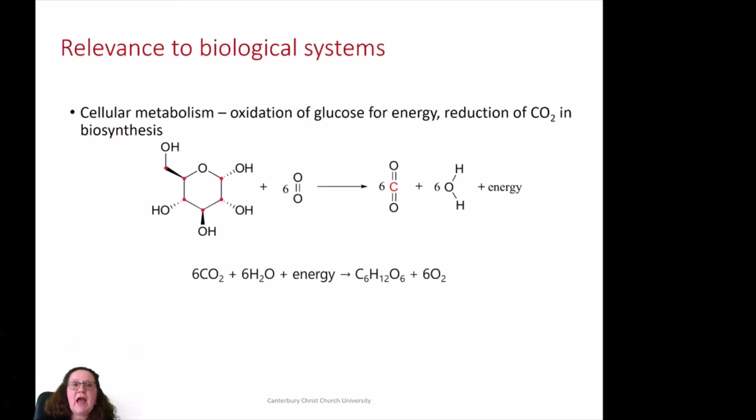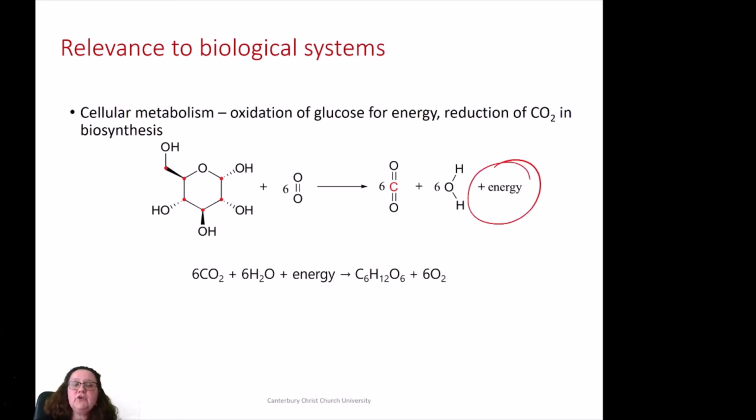Redox processes have a huge role to play in biological systems. For example, we have the process of cellular metabolism. You have the oxidation of glucose, the 6 carbons in glucose that get oxidized to produce CO2, water, and energy.